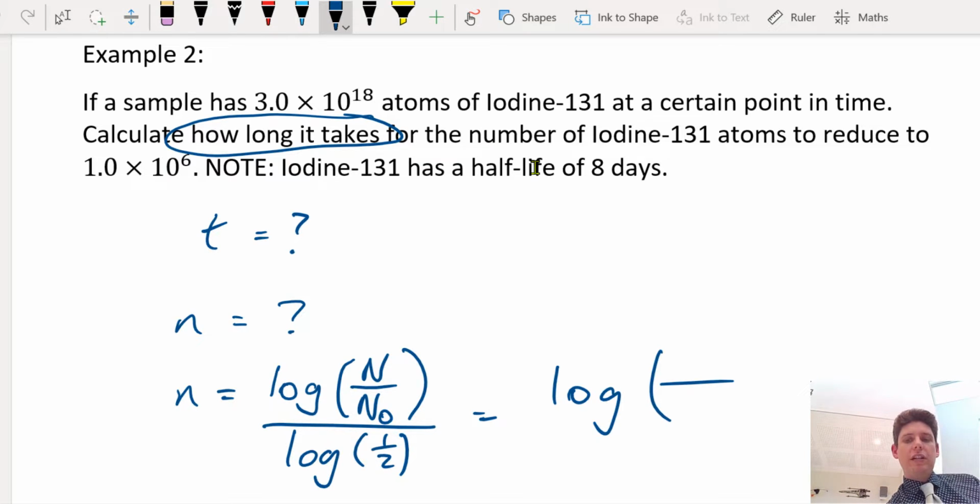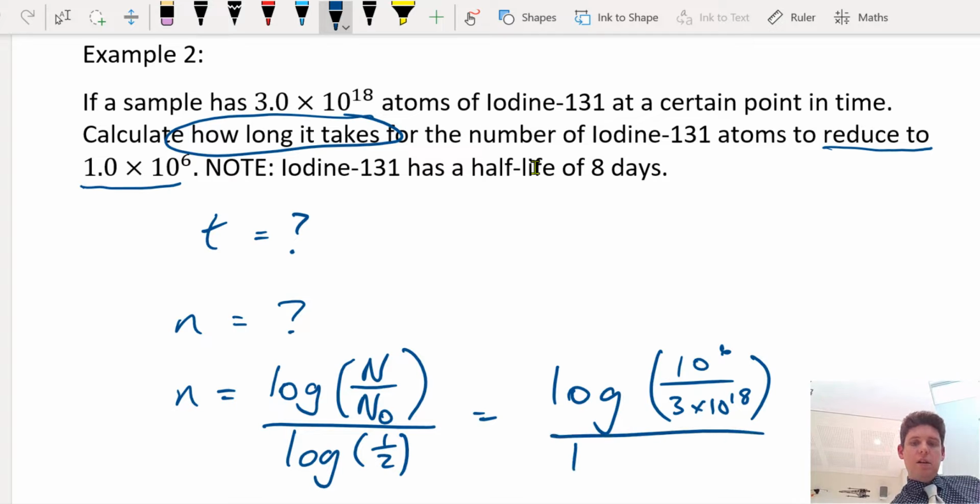What's the number it eventually gets to? Reduced to? What is the one that it starts on? And then, yeah. So you type it all into your calculator.